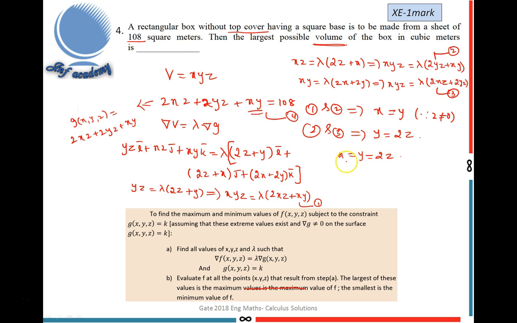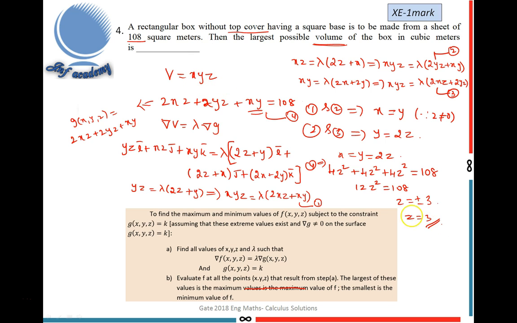Substituting x and y as 2z in the fourth equation, the constraint g, I got 4z square plus 4z square plus 4z square equal to 108. So 12z square equal to 108. So z square equal to 9, z equal to plus or minus 3. Here z equal to 3 only, I take positive values only, because volume is not negative.